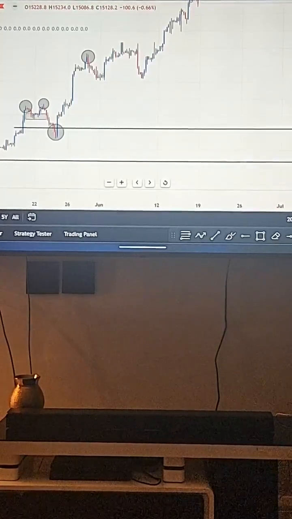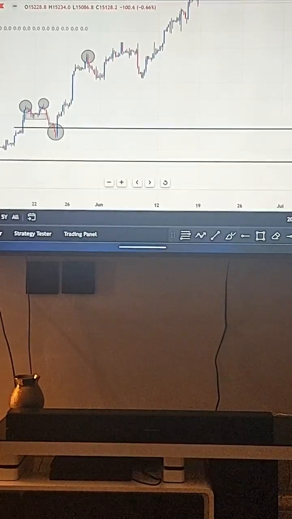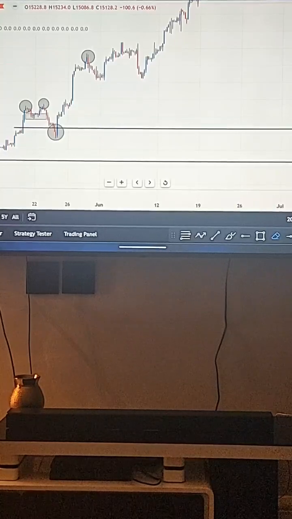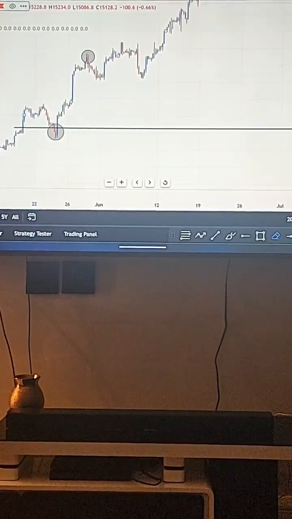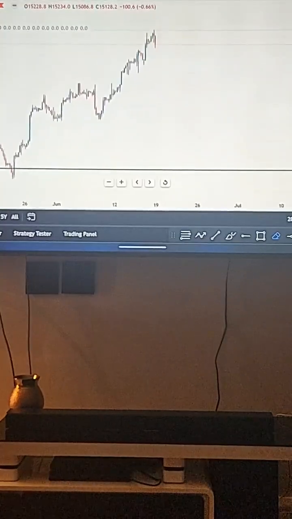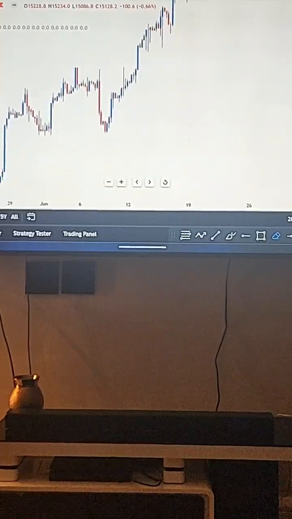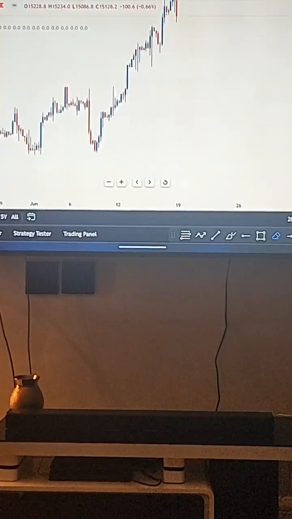Because if there's just a high, price hasn't created a high. I don't know if this makes sense, so let's try to make this make sense to you. If there is a high that was created, right? So if you look over here, everybody would say this was a low, right?